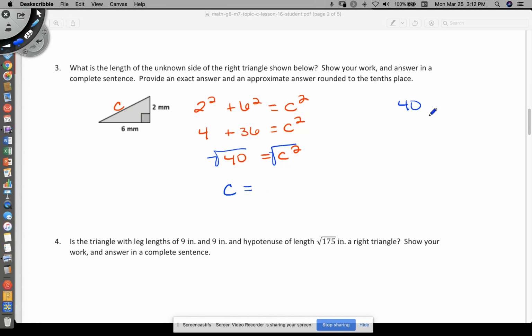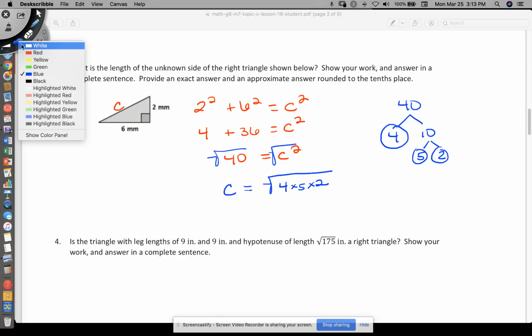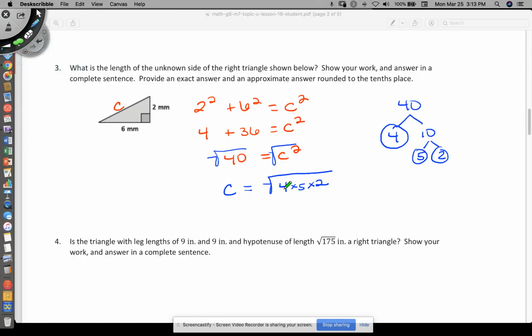But with 40, I know I can get it factored out. So 40 can factor into 4 times 10. 4 is a perfect square, so I'm going to keep that one. And this breaks into 5 and 2. So I'm going to also have those as well inside the root. So I'm going to say that this is root 4 times 5 times 2. So I'm going to take my perfect square of the 4.